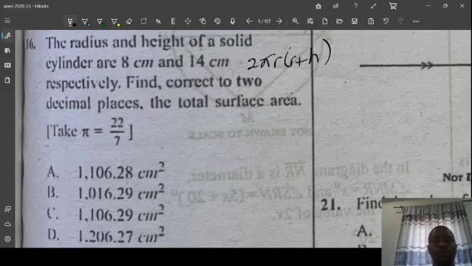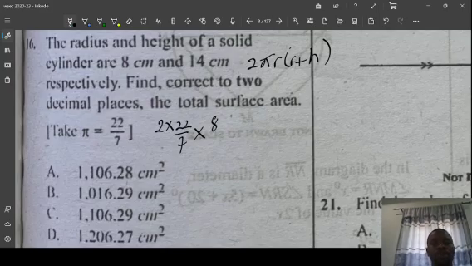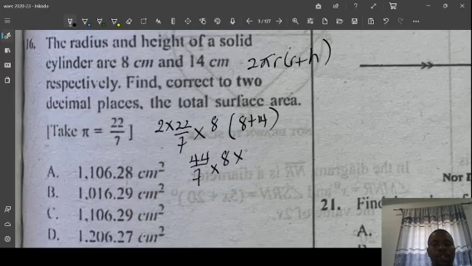So let's go. 2 pi r, that's 2 times 22 over 7 times the radius, which is 8, into r plus h, which is 8 plus 14. All right, so this is 44 over 7 times 8 times, what is 8 plus 14? That should be 22. So I'm going to punch my calculator.